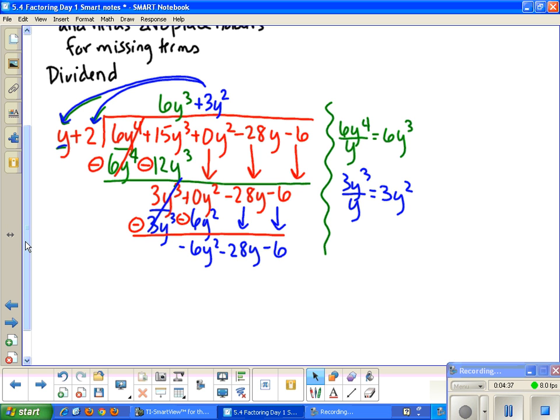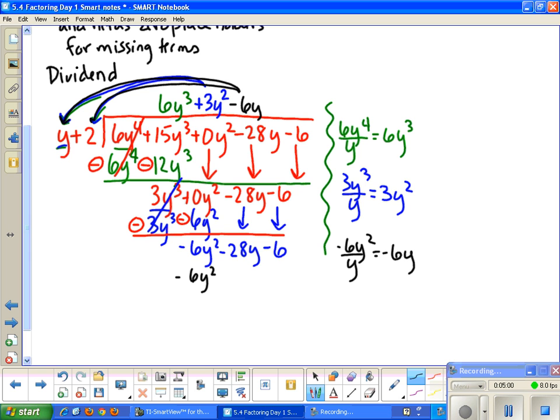So we want to know how many times does y go into negative 6y squared. So it goes in negative 6y times. So minus 6y gets lined up with the linear terms. So then negative 6y, we multiply it by y first. So that gives me negative 6y squared. Notice they're the same, which we did on purpose.